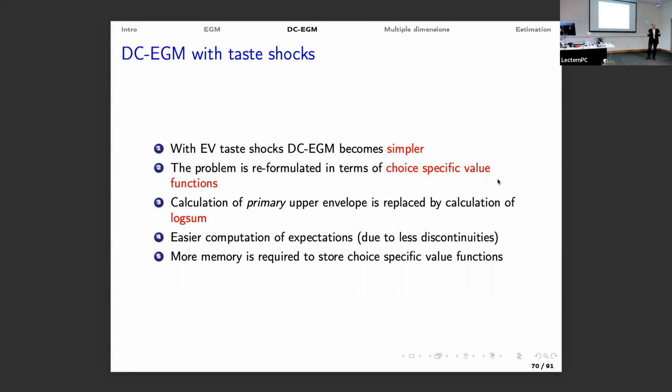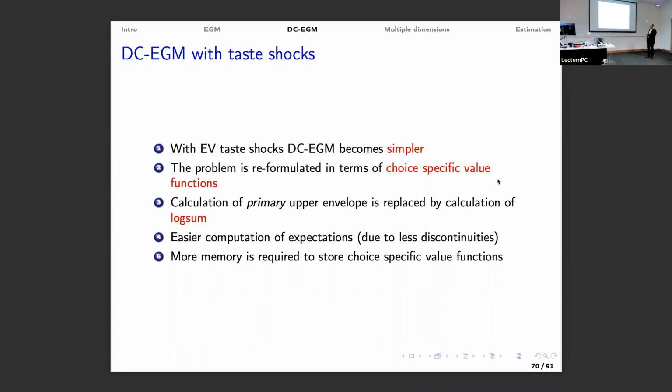We've effectively made the dimensionality higher for this problem, but we have to do that sometimes. The calculation of the primary kink in the upper envelope is just replaced by the calculation of the log sum. This is a standard way to take a deterministic discrete choice problem and transpose it into the expected value function space. This is exactly what you would expect to happen.